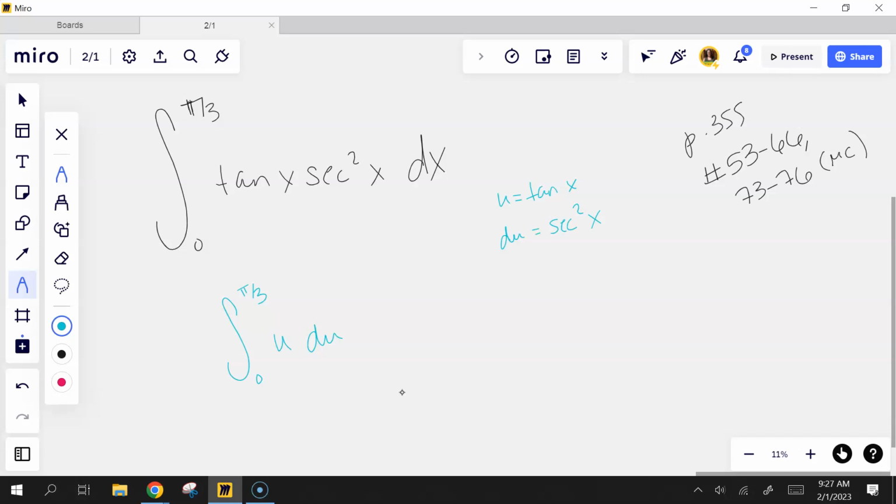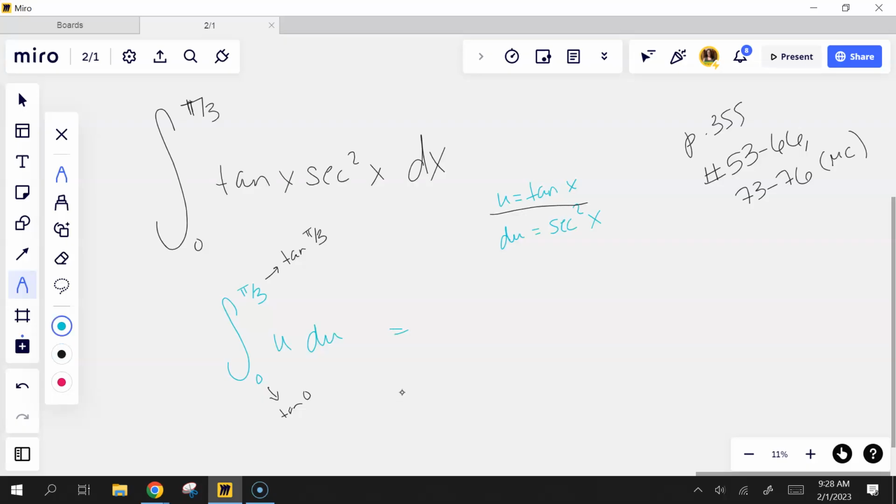Y'all get the U and the DU? So at this point, I have to decide, am I going to adjust my bounds now? Or should I evaluate and then adjust the bounds? What do y'all prefer? What do you think? Now? I agree. I think now is the easiest because the antiderivative of U is very easy. So my first bound is going to become the tangent of pi over 3. This is going to become the tangent of 0. Both of those coming from that U equation I have set up right here.